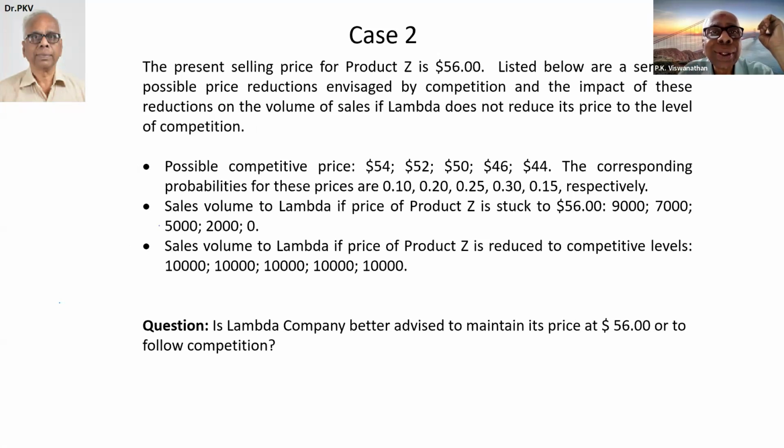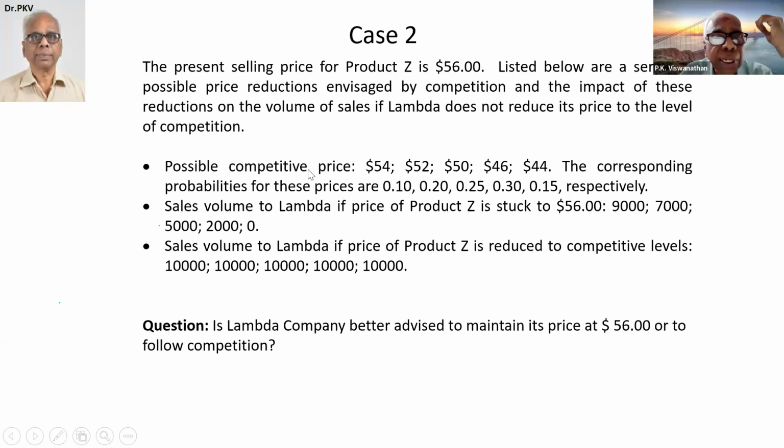Now, the present selling price for product Z by Lambda is $56. Listed below are possible price reductions by the competition and the impact of these reductions on the volume of sales if Lambda does not reduce its price level to the competition.